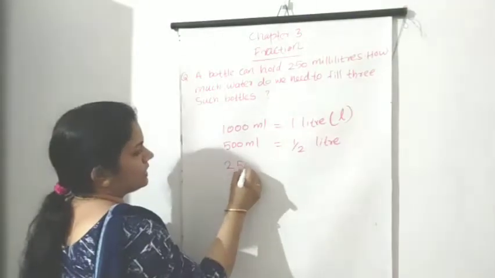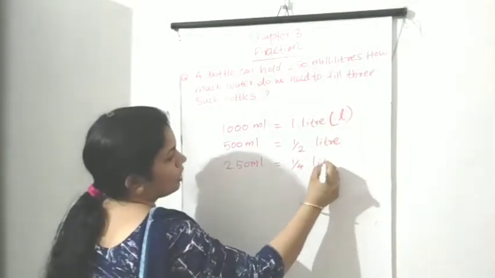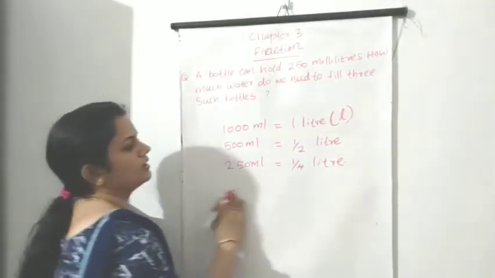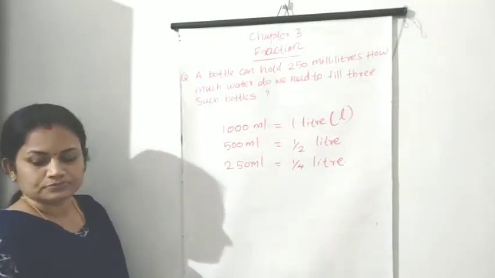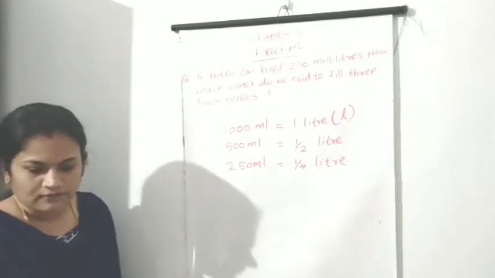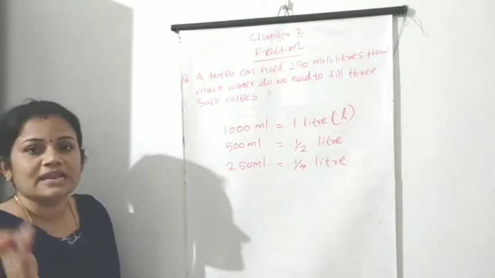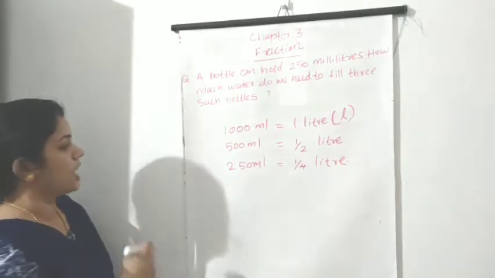Then 250 milliliter equal to 1 by 4 liter, quarter liter. Understood all? So we can write that 250 milliliter equal to quarter liter. How to write?